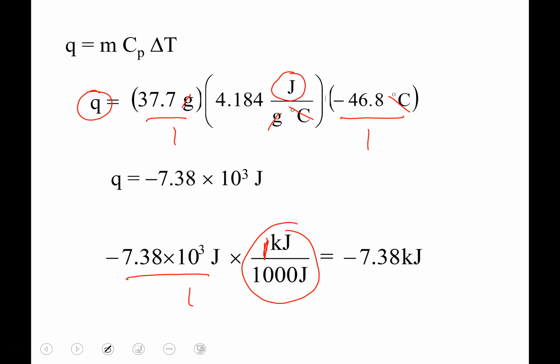No uncertainty here. And units of joules will cancel, we'll be left with units of kilojoules. And it kind of makes sense. The whole scientific notation is kind of a pain sometimes. So now, instead of negative 7.38 times 10 to the 3rd joules, we have negative 7.38 kilojoules of energy. And that's it.